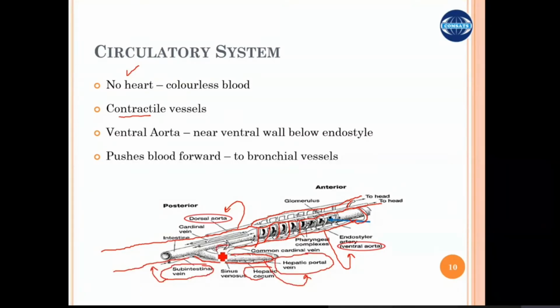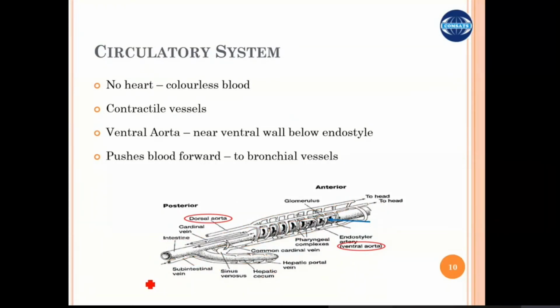In the middle of the body is an enlarged part of the blood vessel, which is called the sinus venosus, or you can simply say the heart. Although the whole blood vessels are contractile and have peristaltic movement to push the blood from one point to another, the major support is provided by this contractile part, which functions as the heart.